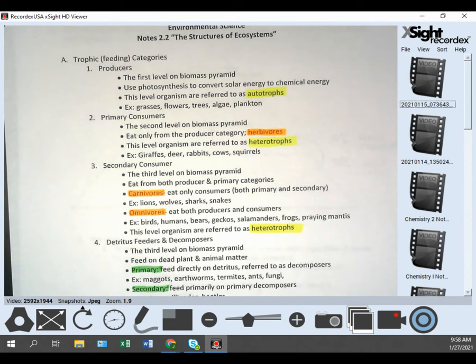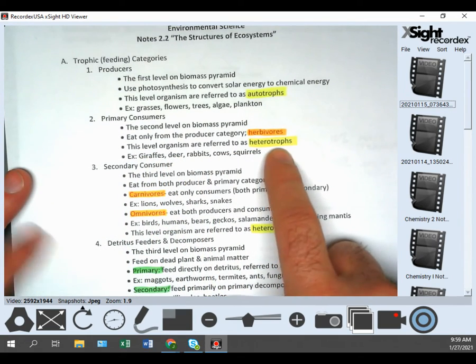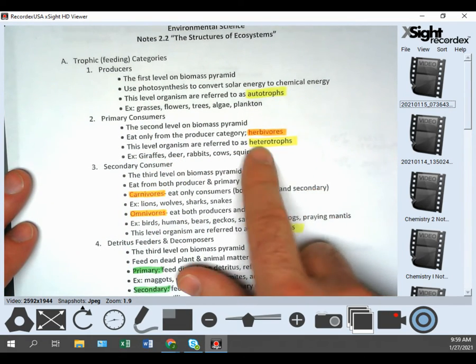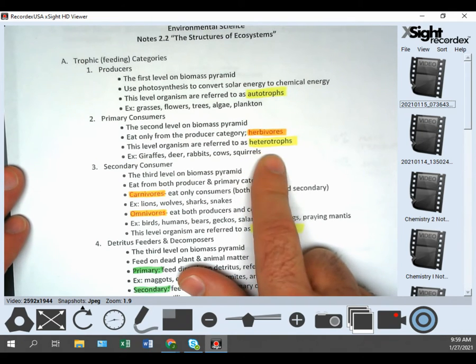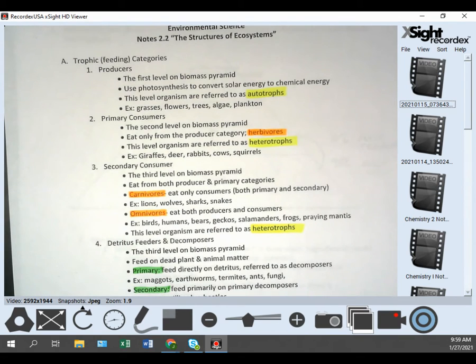Do you know what herbivore refers to? If you break that down, herbs refers to plants, and vores essentially means eaters. So you've got plant eaters. This level organism are referred to as heterotrophs. Anybody want to guess what hetero means? Many, different. Yeah.